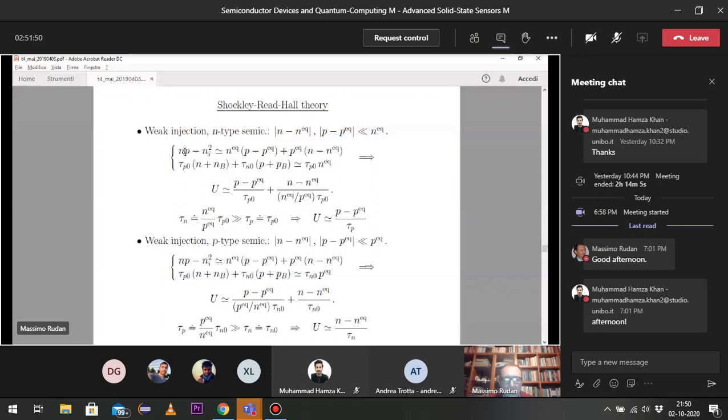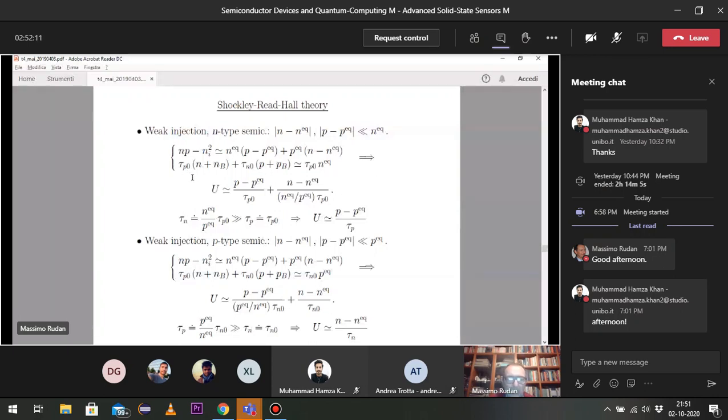And then you neglect terms with the product P minus P equilibrium times N minus N equilibrium, because they are small individually, so they are even smaller in the product, okay? So the numerator becomes this.